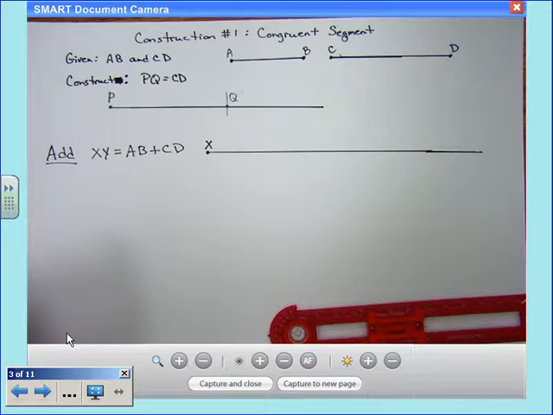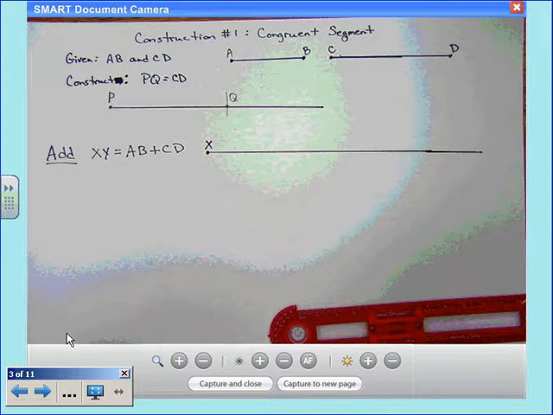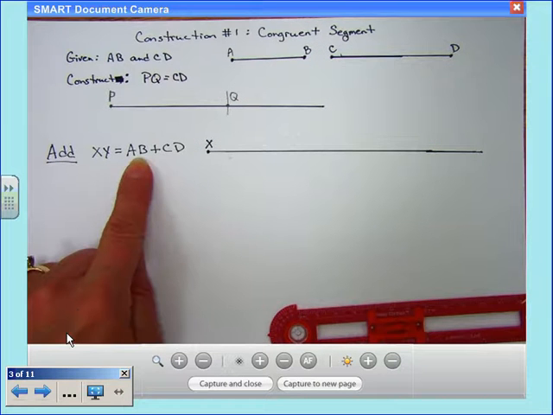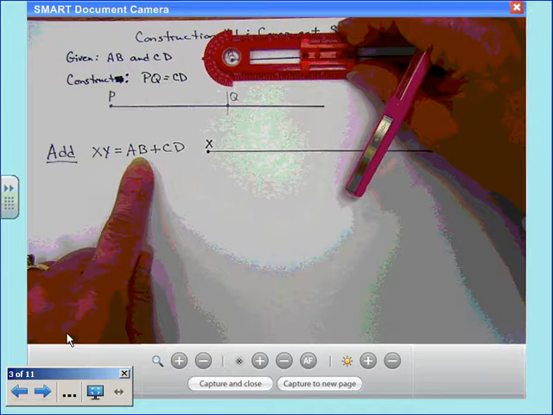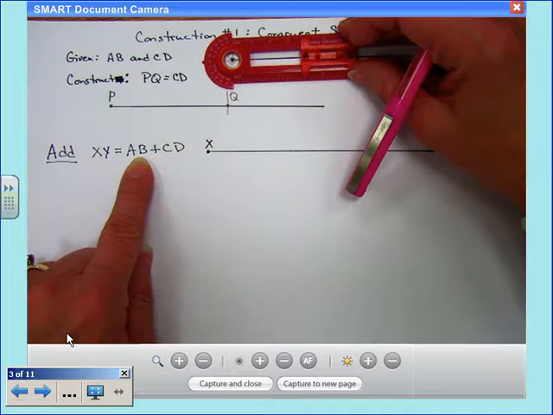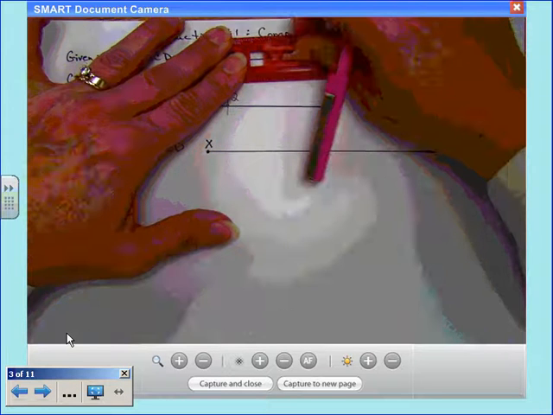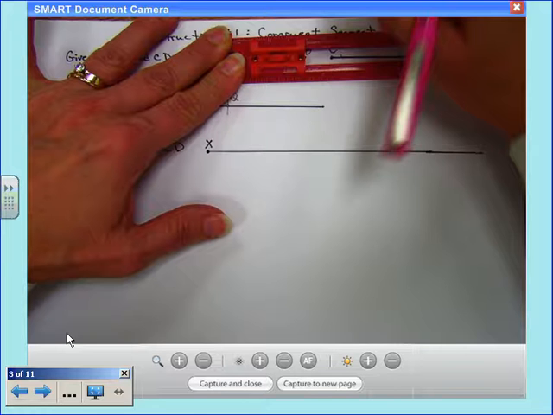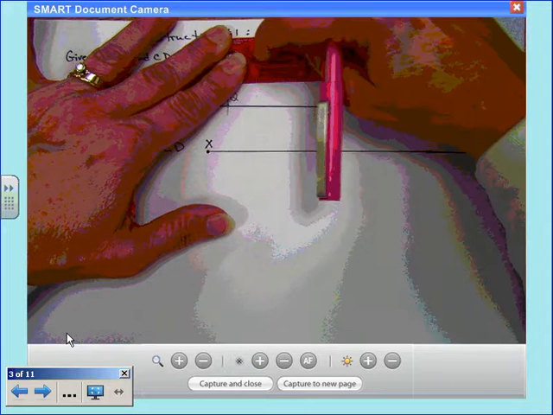Doesn't matter. Next, we will measure the length of AB. Use your compass. Put the center on A and find B in the little sliding part. If you push this down and it's still too long, you will have to use the inner one.